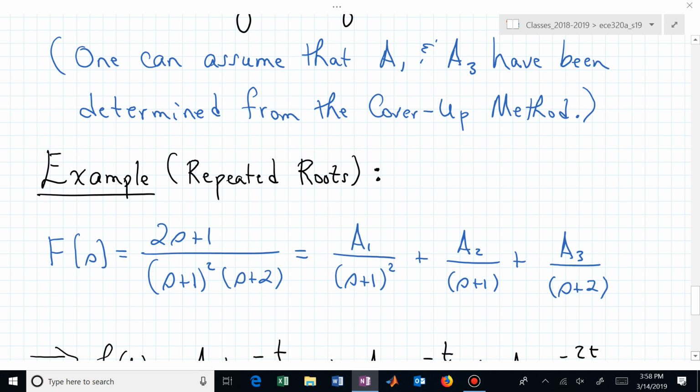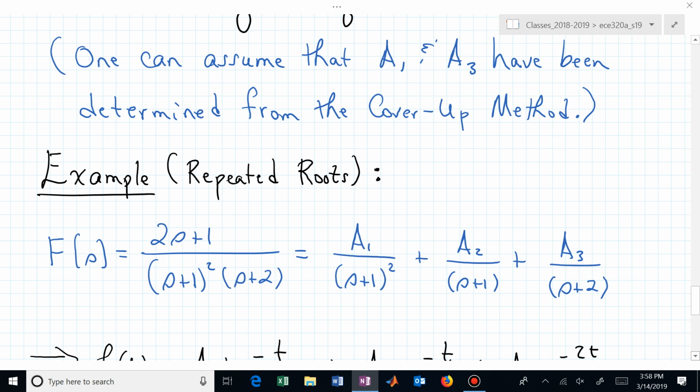Now we can say, oh, I have a repeated pole at s equal to minus 1. I need to start with that, s plus 1 squared, and then I have another one because I can reduce that exponent. I have a sub 2 over s plus 1. Okay, I'm down to power of 1 on that repeated factor. I can stop.